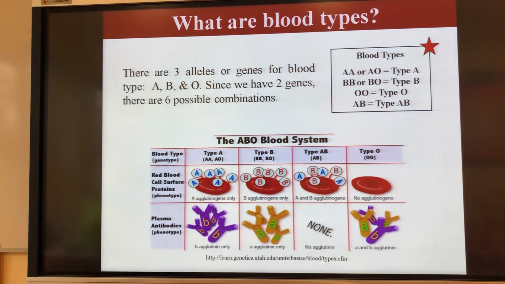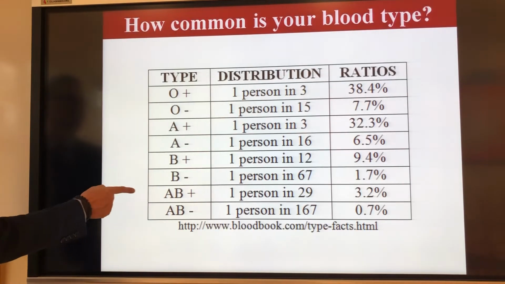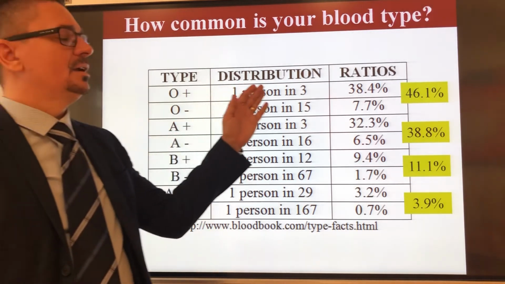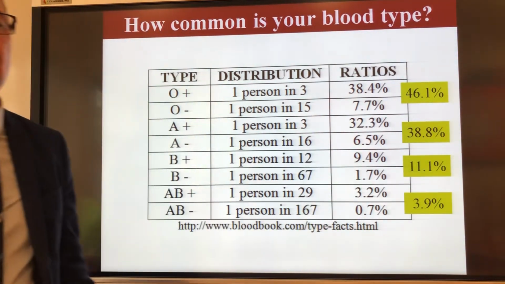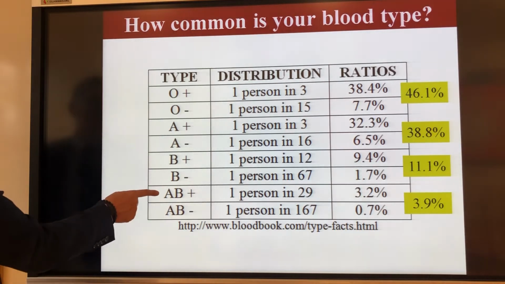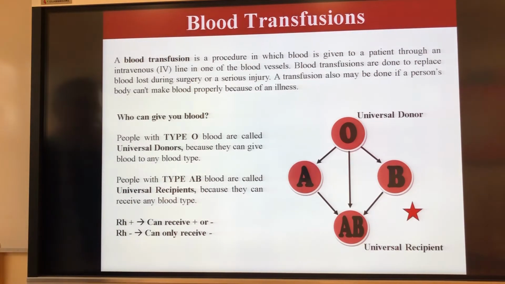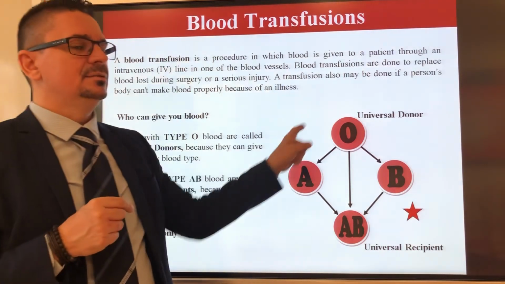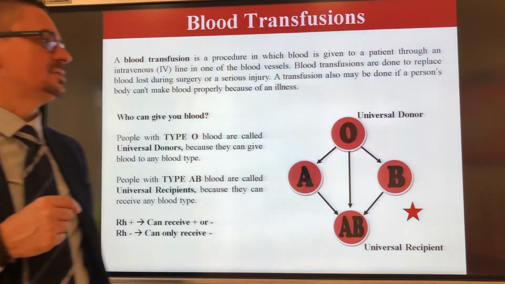Some of the words will be used later in our studies. So, we are not going to go into details about this, but you can see the ratio of different blood types for humans. And the core information which we spoke about is also here. This is a useful drawing about a universal donor.